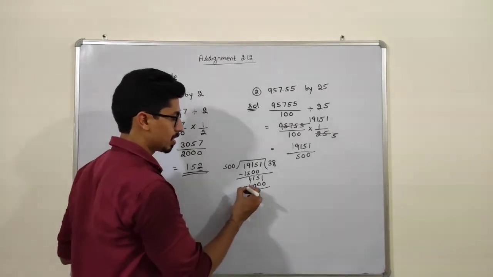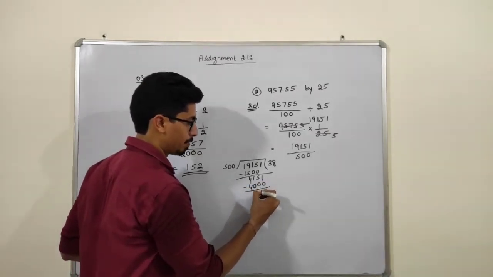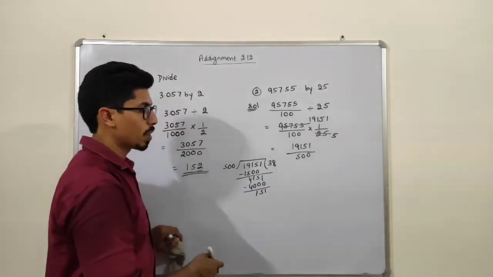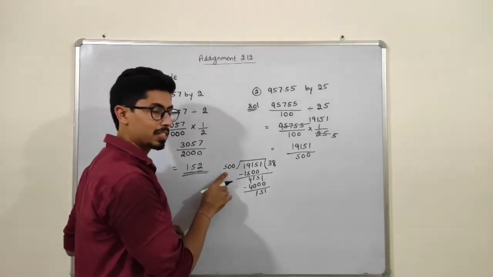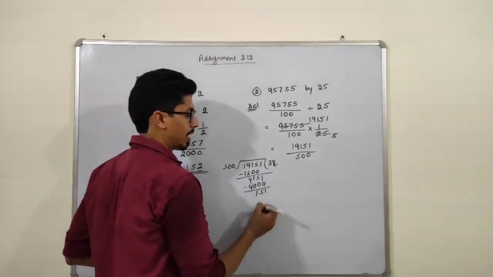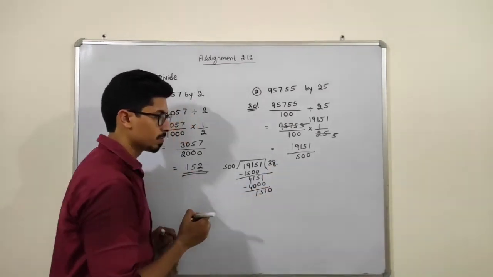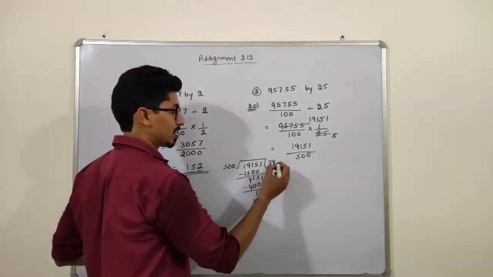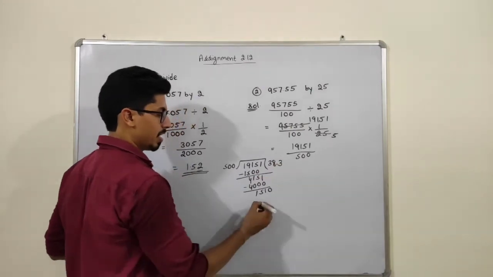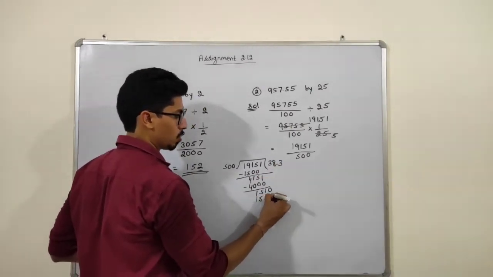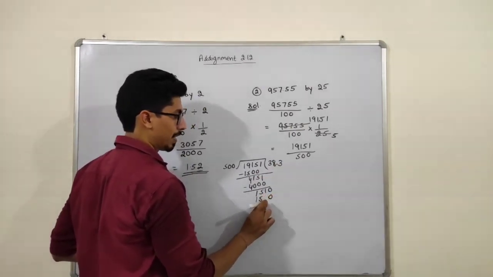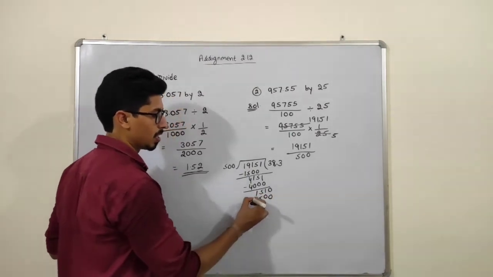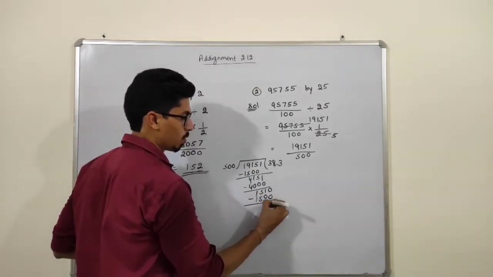If I subtract them, it is 151, students. Now 151 is less than this number, so I put a decimal here and put an extra zero, so it is 15100. If I multiply this by 3, it will be 1500, students, and the remainder is 10 now.